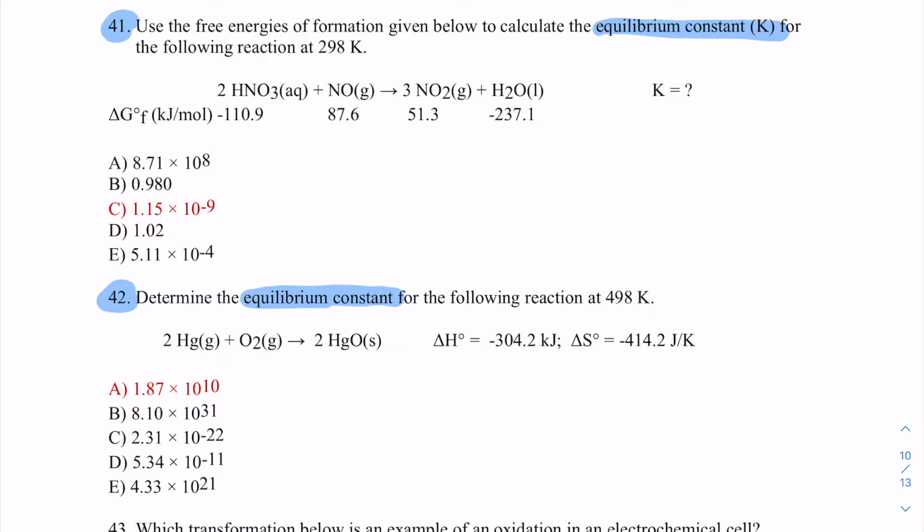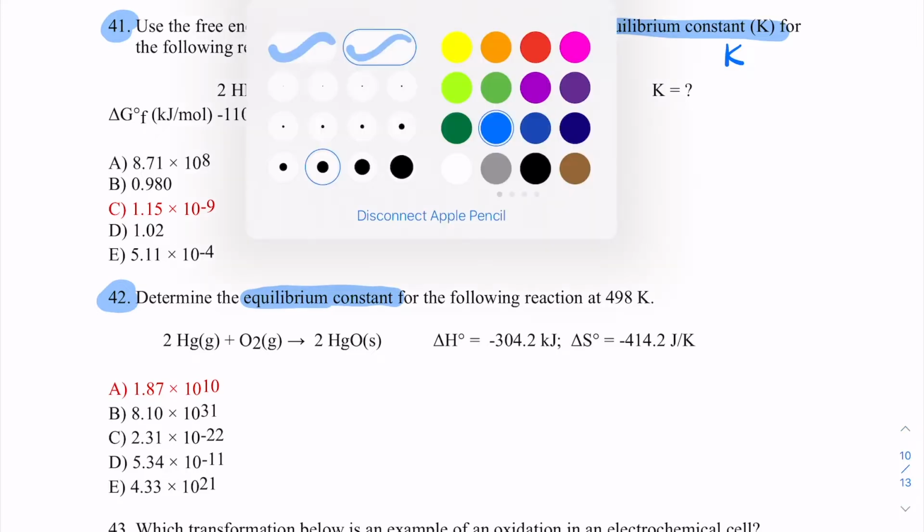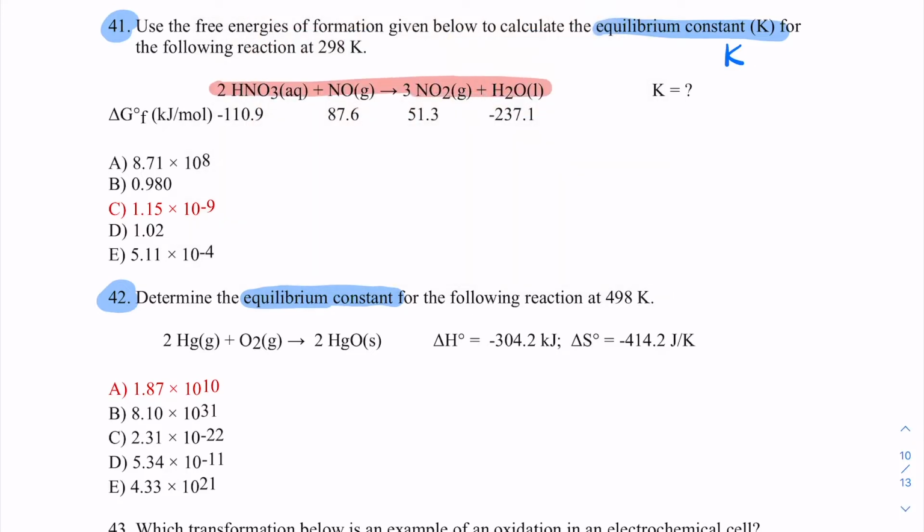Anyway, let's look into these two questions. The first one, clearly we're calculating K. Let's see what's given. We're given the balanced equation, and we're given the Gibbs free energy for each substance, so we have the values for reactants and products.